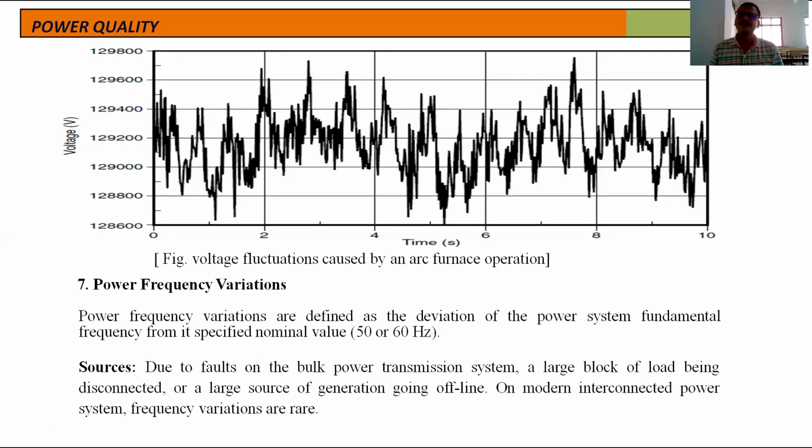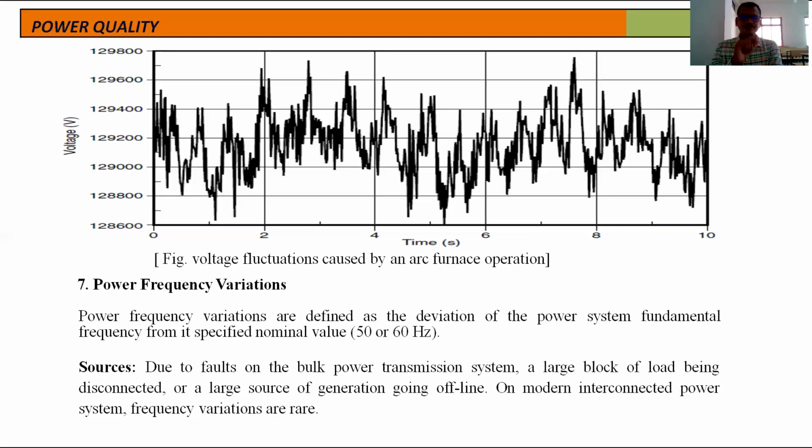For example, the frequency is 50 Hz or 60 Hz. If it is changed by a small value, 50.1 or 50.2 or 50.3, etc., the deviation, either 0.3 or 0.4 etc., this deviation is called power frequency variation.